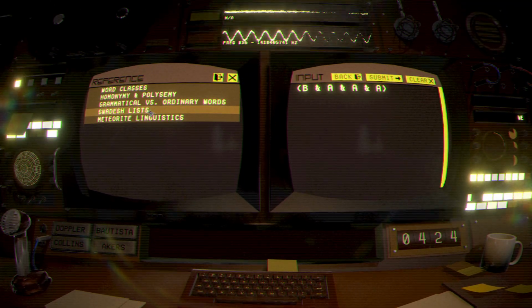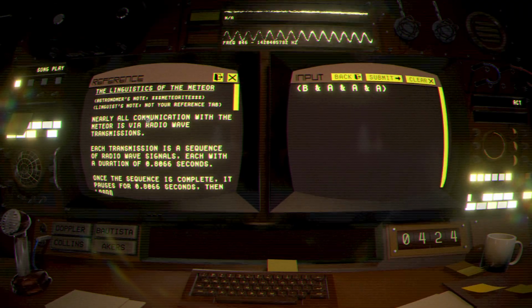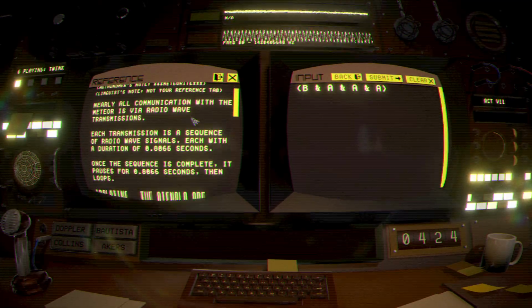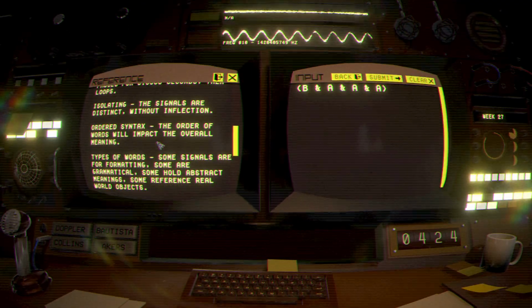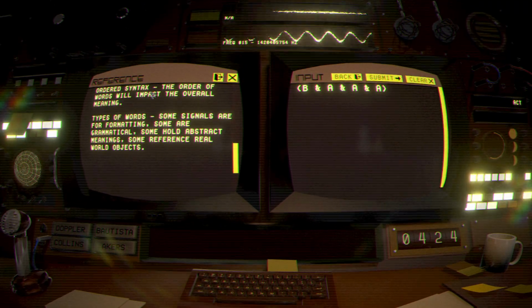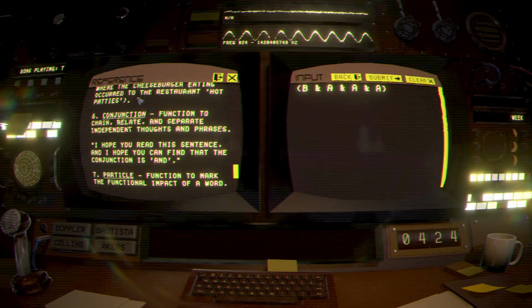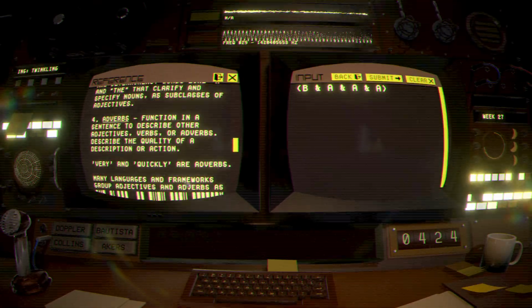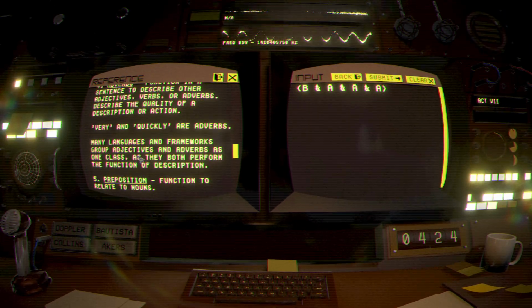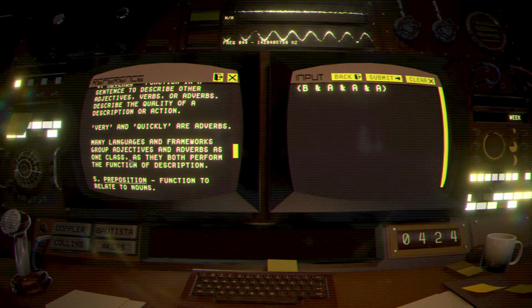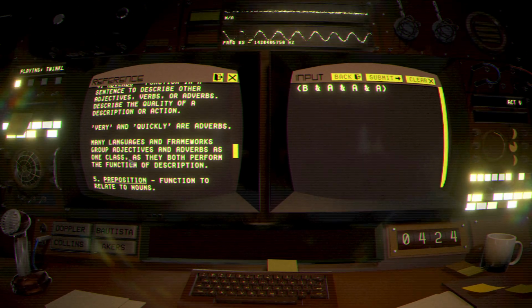Nope. Let's see. Linguistics isn't right. Word class. Let's see. I think we named the rest of these right. Guess not adverbs. Adverb.